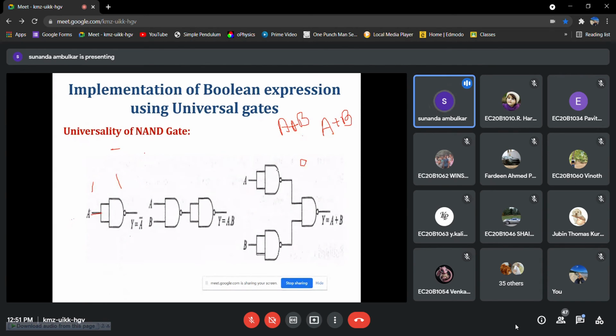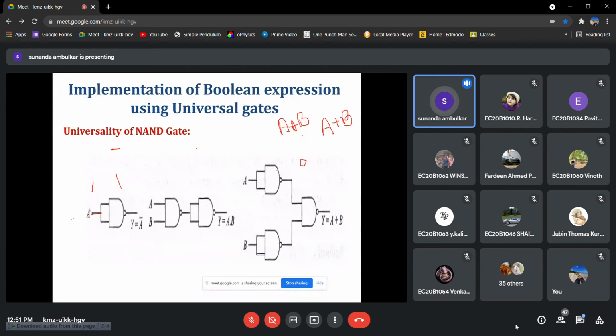We know from the Boolean theorems that the complement of the complement of a variable will be the variable itself. This is one of the Boolean theorems, so we will apply this theorem.